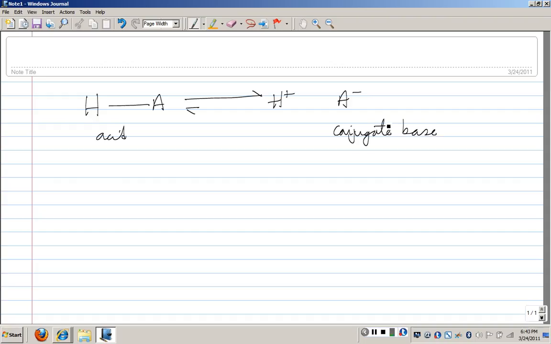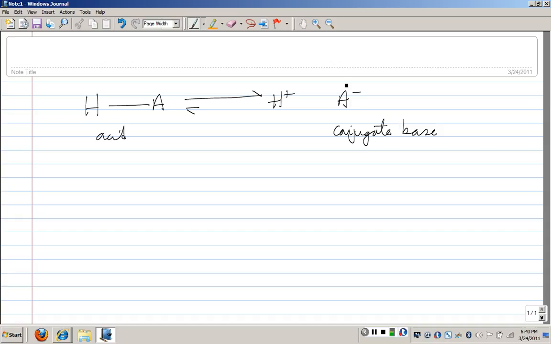Well, I can actually use two definitions. I can say that the conjugate base is the species that is formed when the acid loses a proton. It is also the species that functions as the base in the reverse reaction. So when HA, the acid, loses a proton, it forms A minus. Therefore, A minus is the conjugate base.